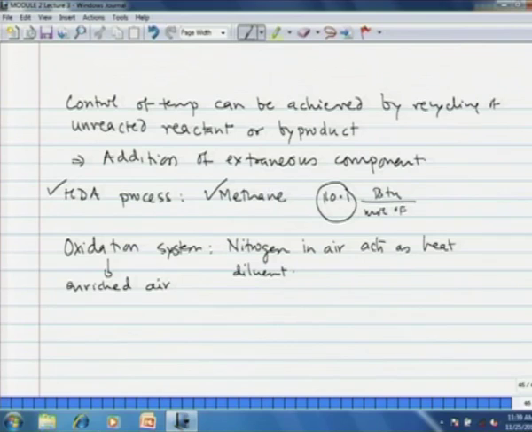Okay. Now, this reduces the load on compressor. However, we also need to see the other side of the coin, that less content of methane in recycled gas in case of HDA process or less content of nitrogen in air can give rise to surge of temperature. Okay. And therefore, in that case, we will have to take additional precautions to remove the excess heat, so that the temperature limit is not crossed.